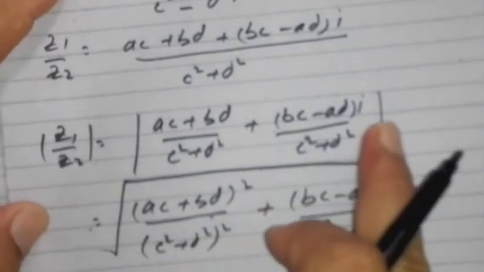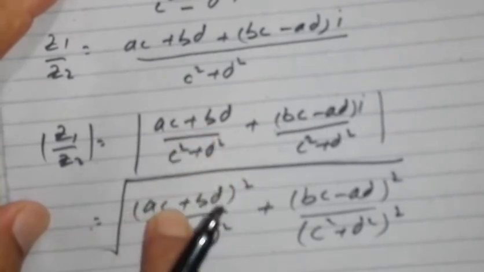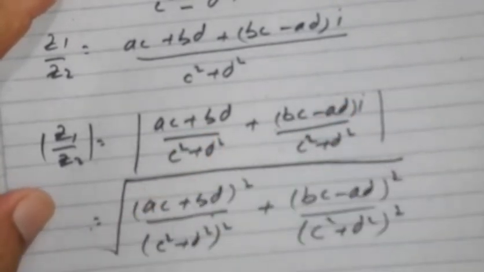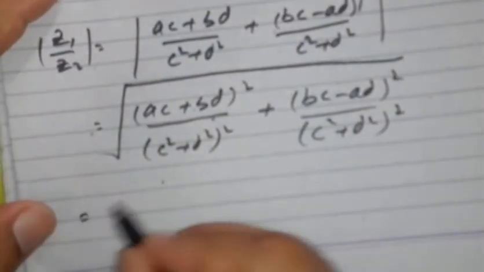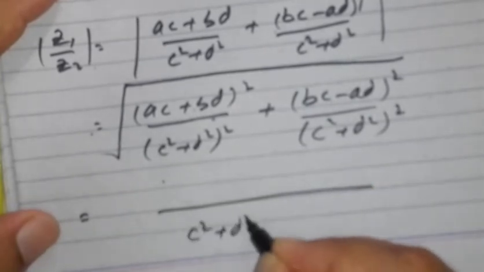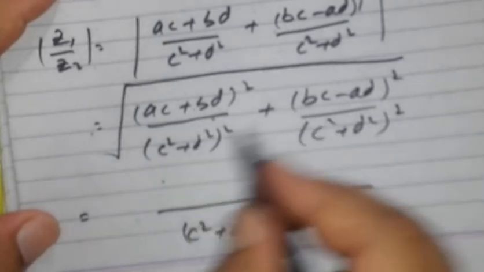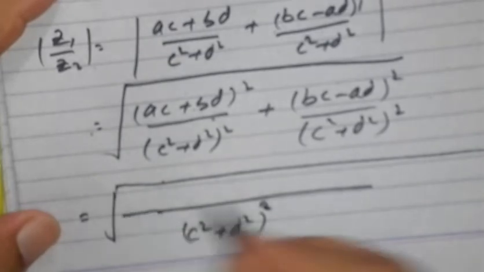We know the absolute: when we expand the absolute, it is the square of the real part plus the square of the imaginary part without iota, under the root. Or we can take the LCM as (c square plus d square) whole square, and now expand these two and cancel the terms which can be cancelled.